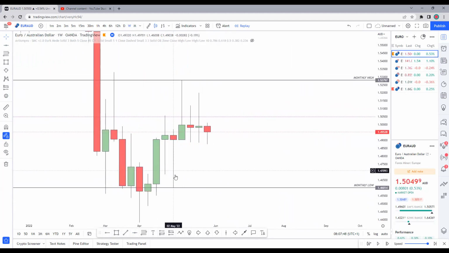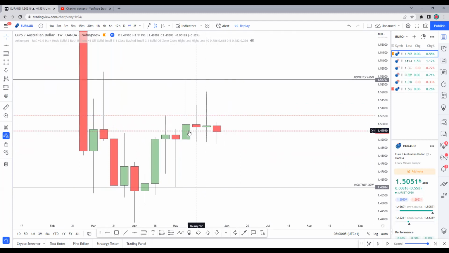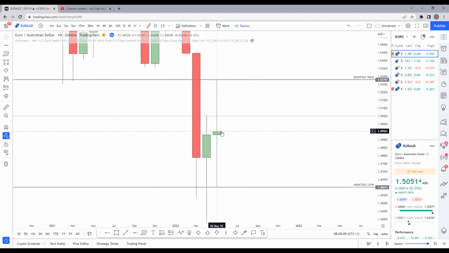And what we can see is the price action that occurred within this range. It's kind of the middle of the range where a lot of the trading has been happening. So that is why on the monthly it looks like there's an indecision here.